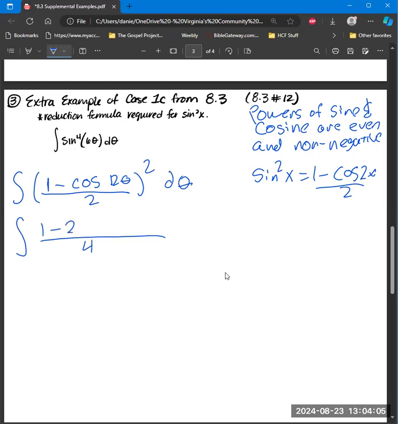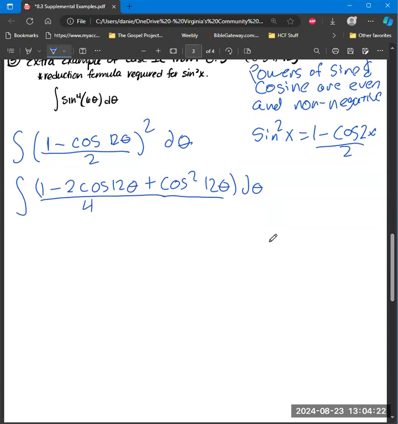This is 1 minus 2 cosine of 12 theta plus cosine squared of 12 theta d theta. So let's go ahead and simplify here.